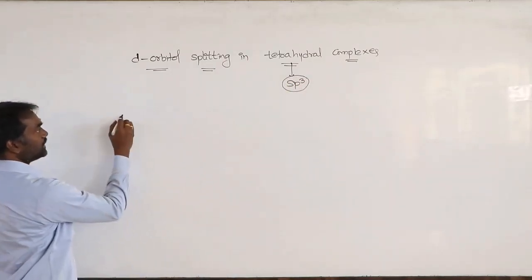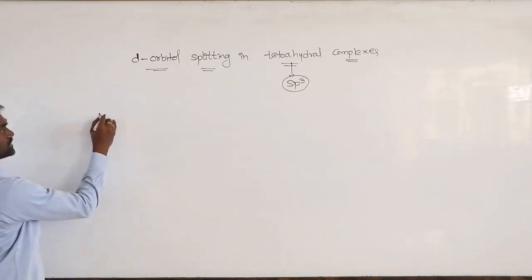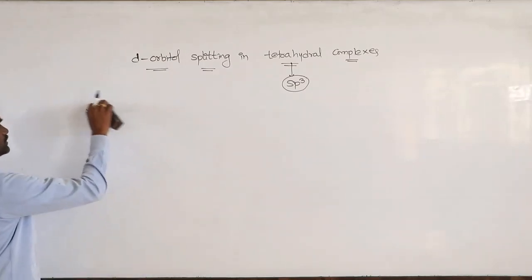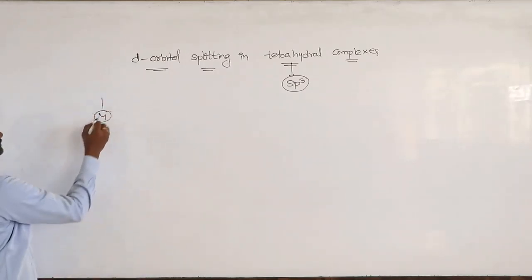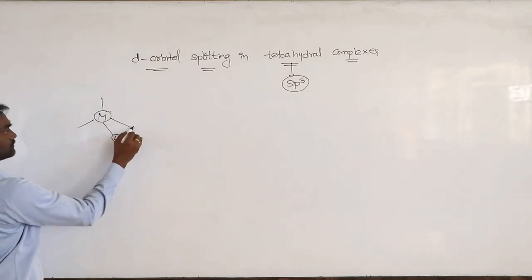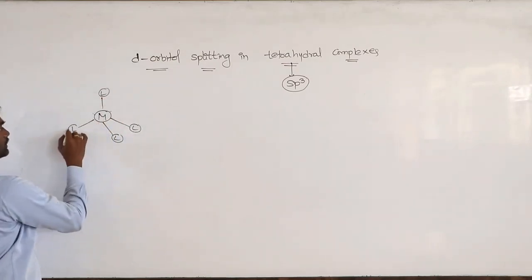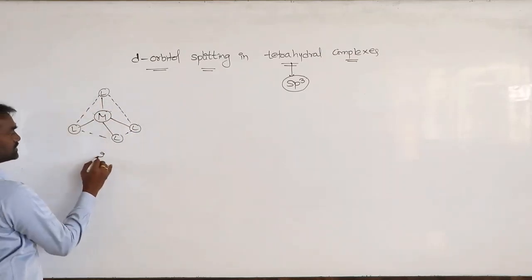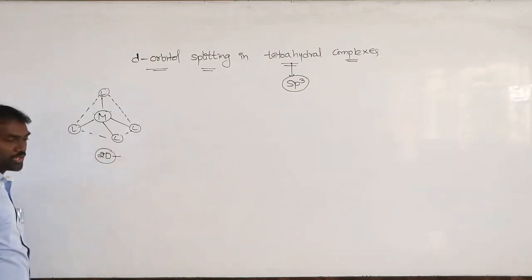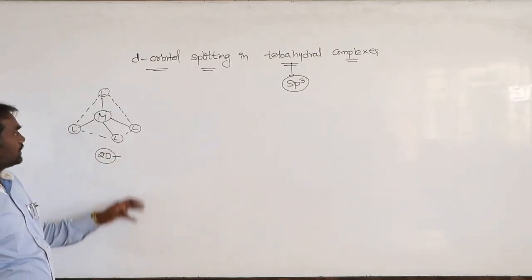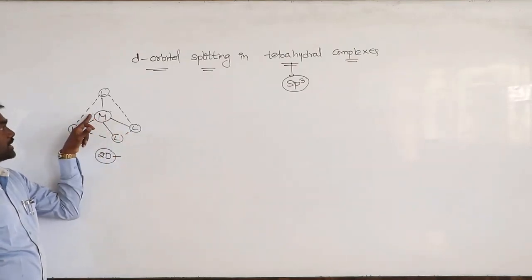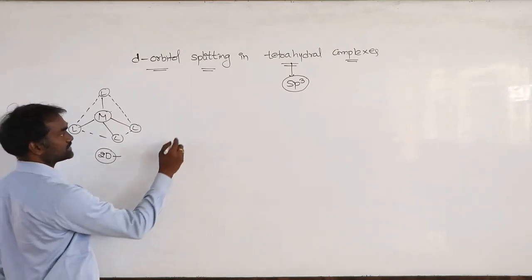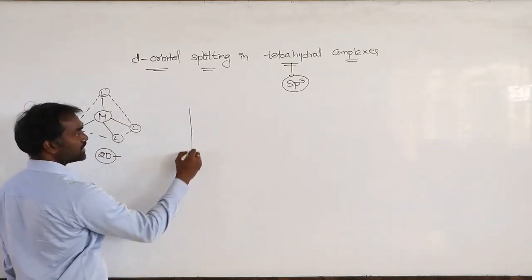In two-dimensional structure, the metal is there, surrounded with 4 ligands. This is a two-dimensional structure, meaning upon board or paper you can write like this. But how these ligands are approaching the metal, either on the axis or between the axis, we can't identify in two-dimensional structure.